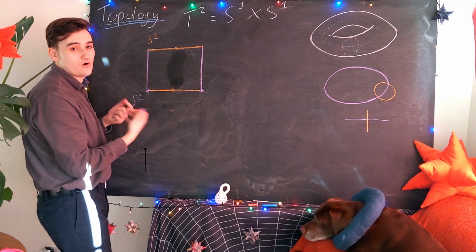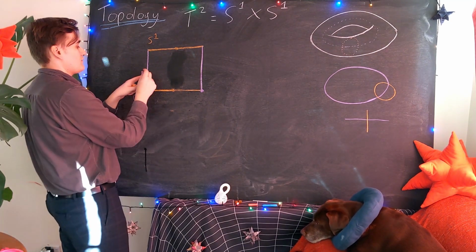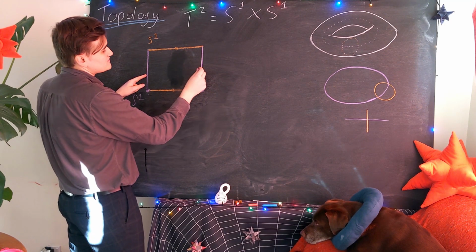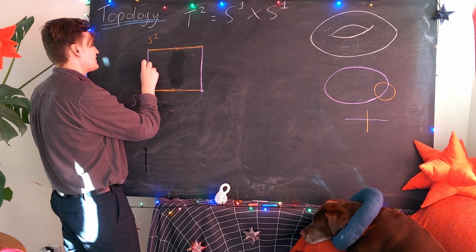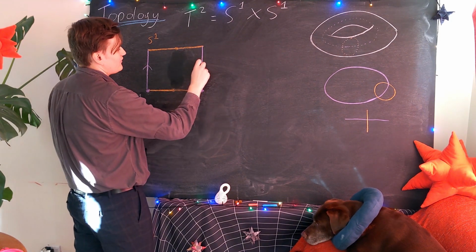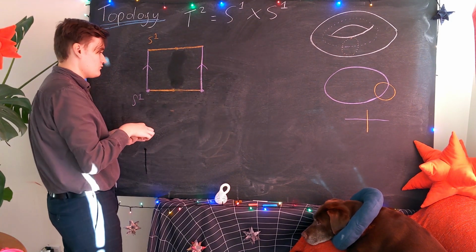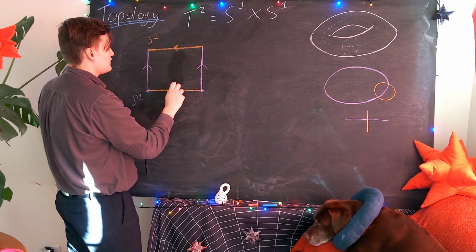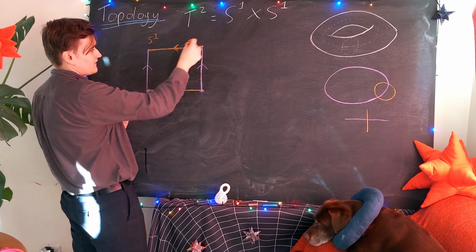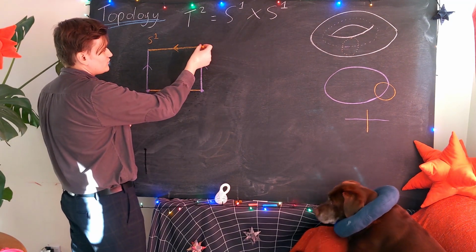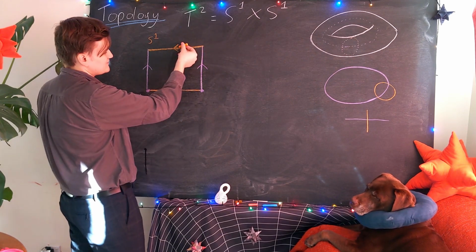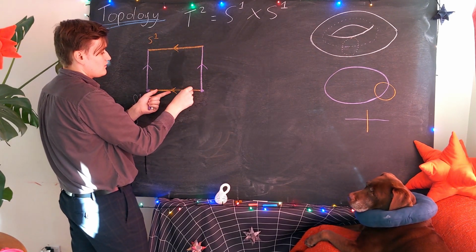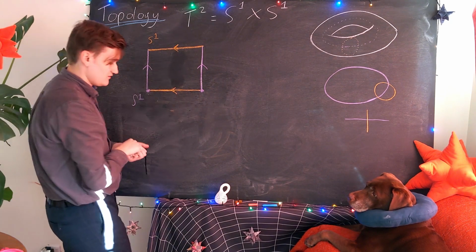And now to make it clear or obvious that we have to identify a point here with its corresponding opposite point horizontally, we can label each edge with an arrow, which just kind of tells you if you're travelling along this edge here in this direction, you have to identify the points on the opposite edge with a line going in the same direction.